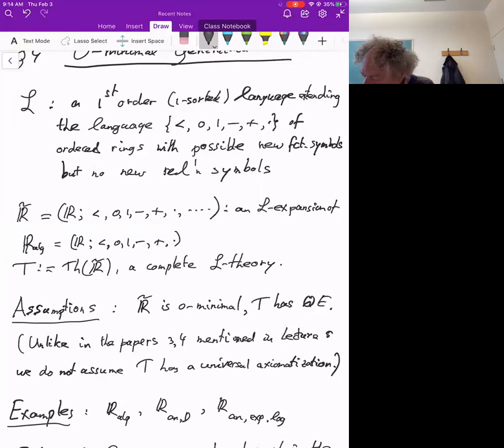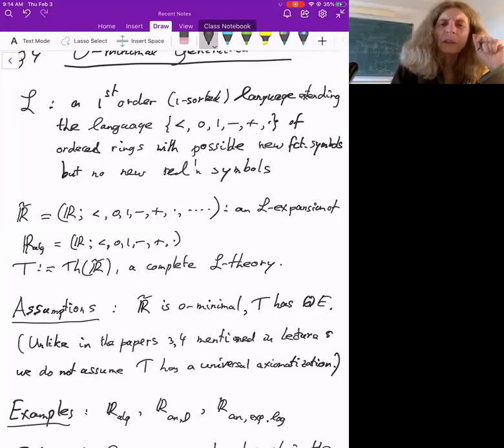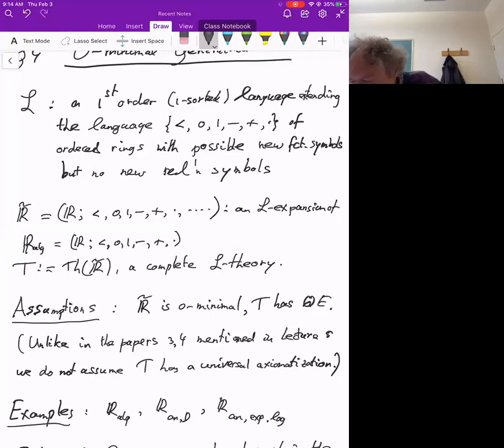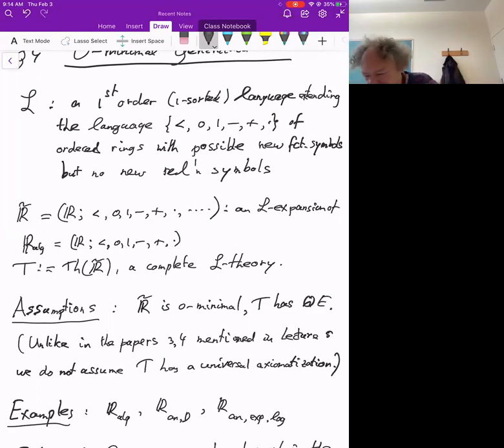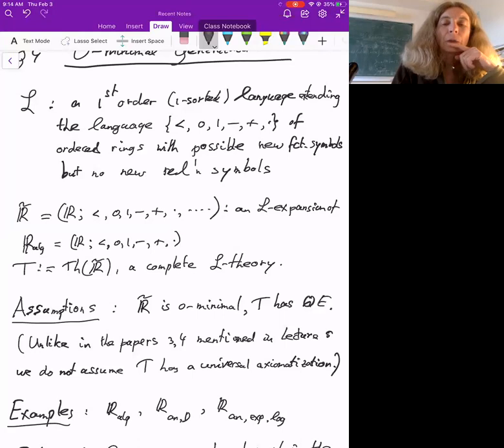Right, but now in a way, this second assumption is more of a convenience. Don't you have the constant symbols of R in your language? No, I don't need that. That's another way that what I say is actually a little bit more general than what I did before. So you don't have 1/2 in your language, or do you?